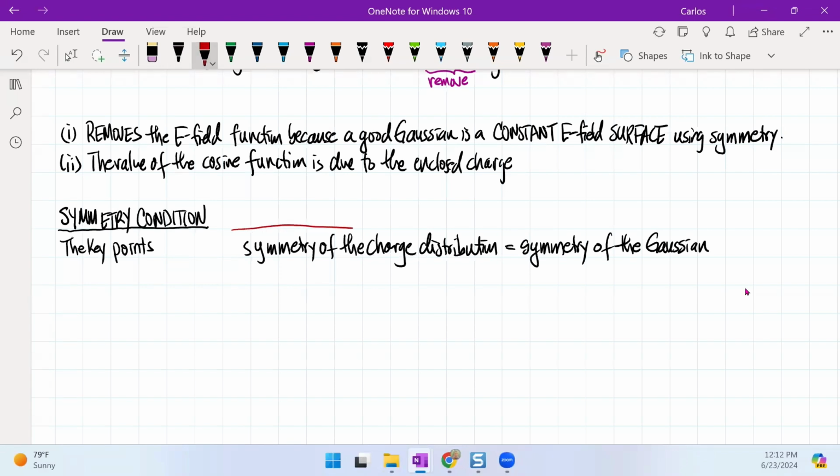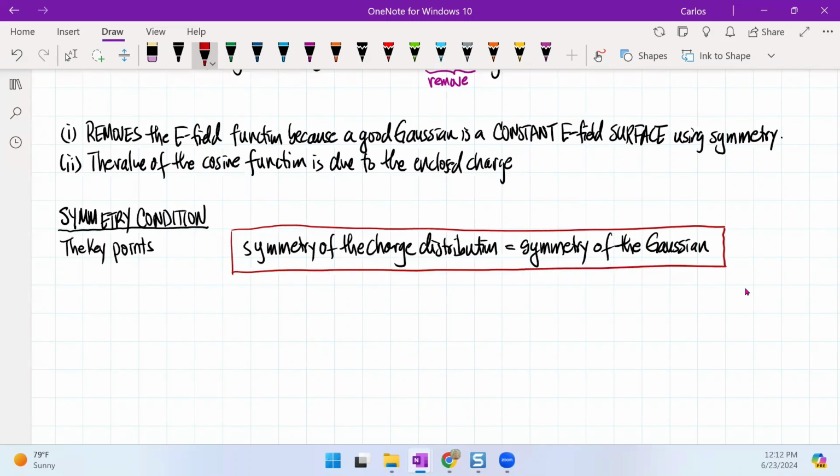So this turns out to be really crucial. And because this is crucial, that means that we can only do it for a few charge distributions.